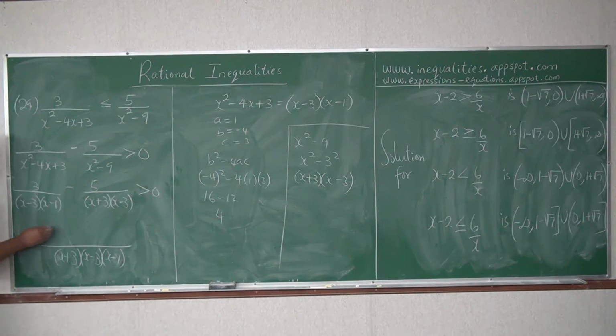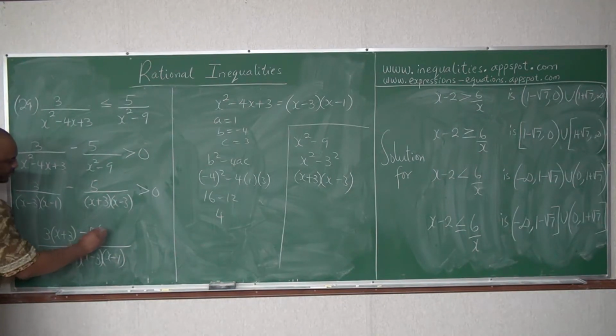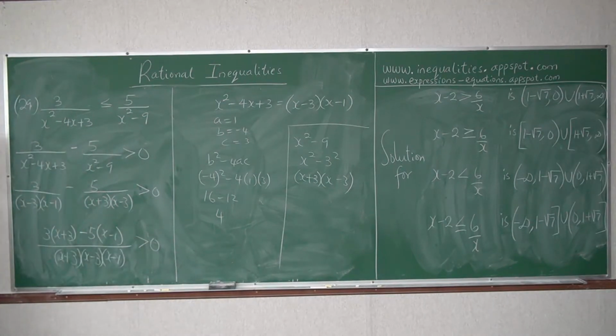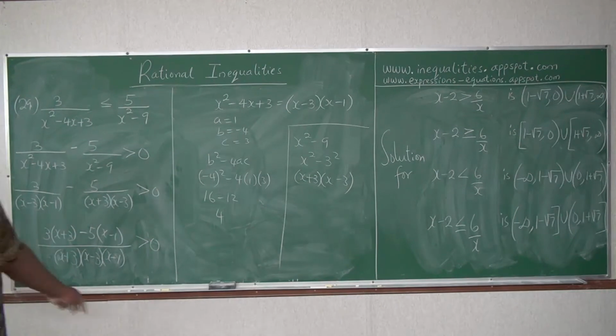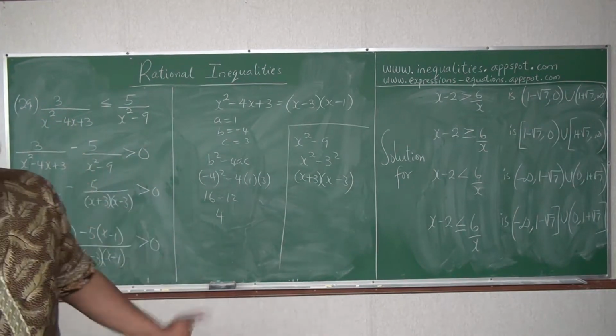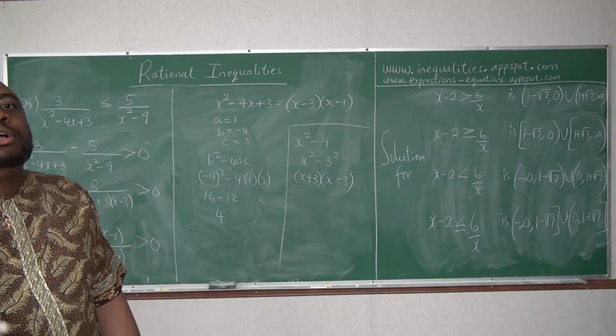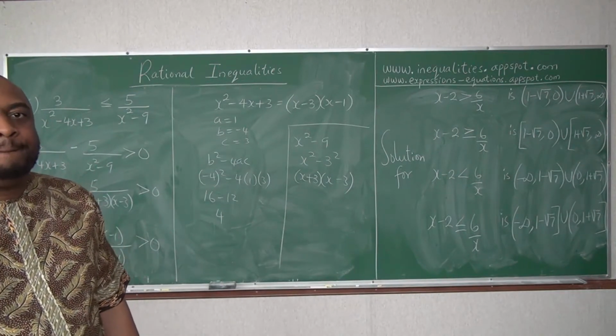So we now have 3 times x plus 3, minus 5 times x minus 1, greater than 0. That is what you have. So if you did not understand what I just did, go to that website, view the videos, read the notes. Okay?